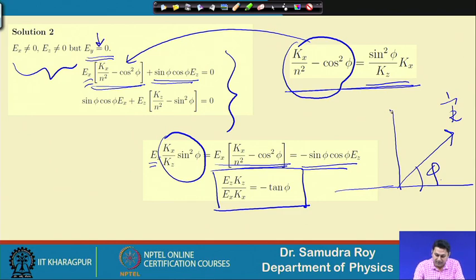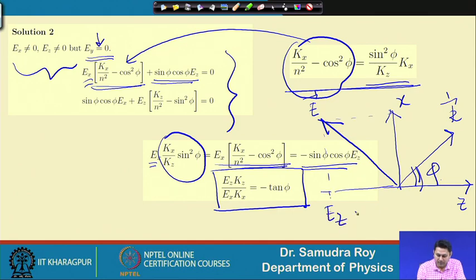That means my E vector is somewhere here in the xz plane, with z direction and x direction. Now, these two components are related to this angle phi. If I make these two components, this component is the Ez component and this component will be the Ex component.